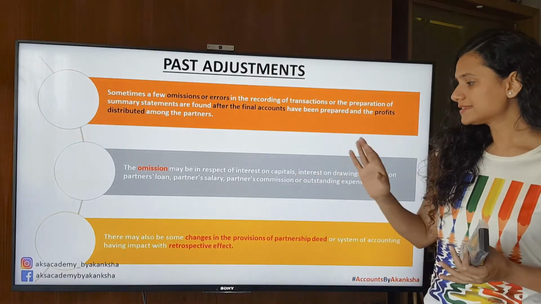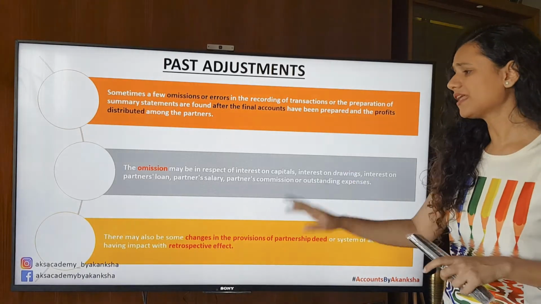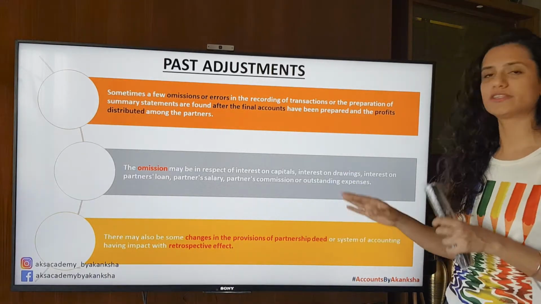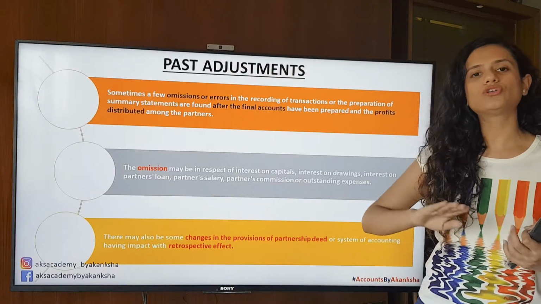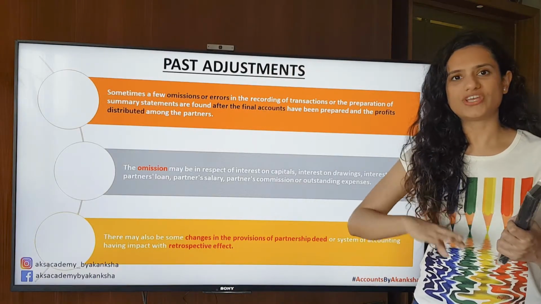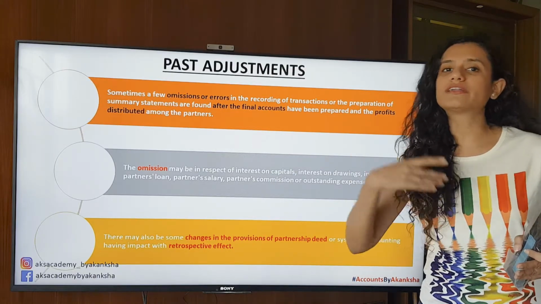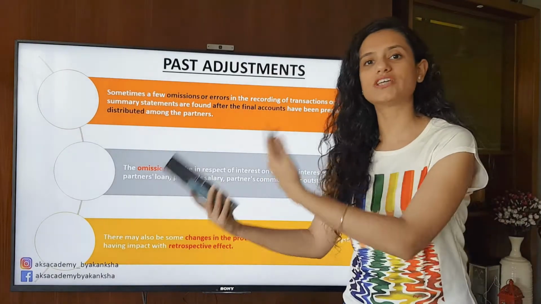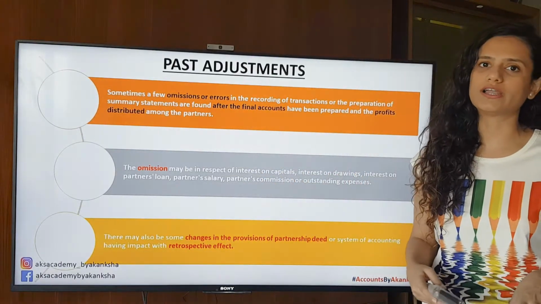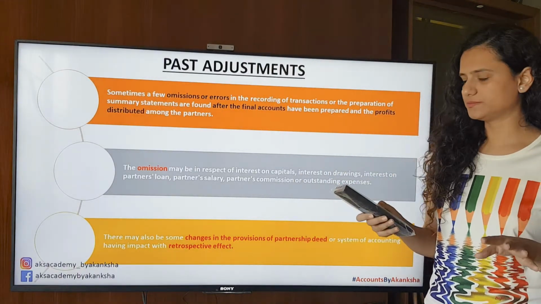There may also be some changes in the provisions of the partnership deed, because of which you may want to have a changing effect in your financial records, and would want to give a retrospective effect of that. That means past में जाके वो adjustments करके उसको sort out करना. That is the whole idea behind past adjustments.